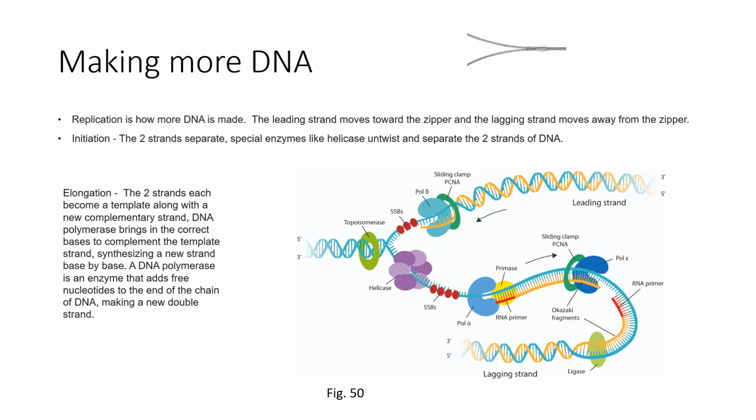So replication is going to be how DNA is made, and it's where a leading strand will move towards the zipper and the lagging strand moves away from the zipper. Initiation is going to be when the two strands separate and the special enzymes like the helicase untwist and separate the two strands. Then you're going to have your elongation, so the two strands will become a template along with the new complementary strand.